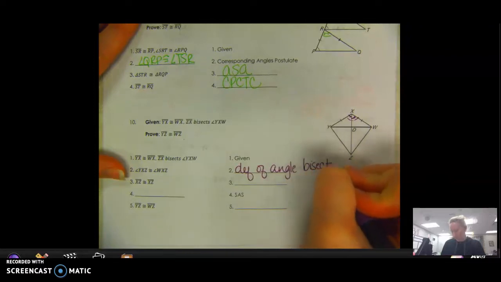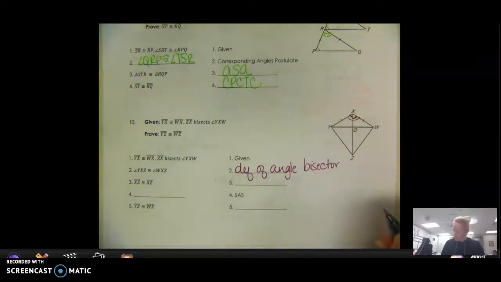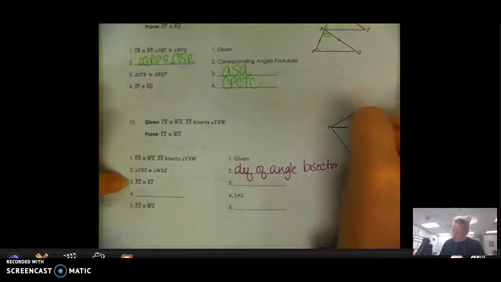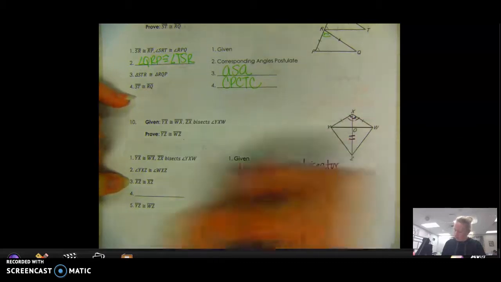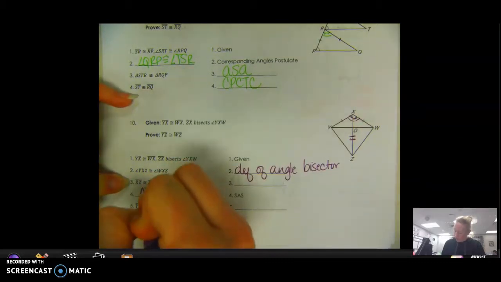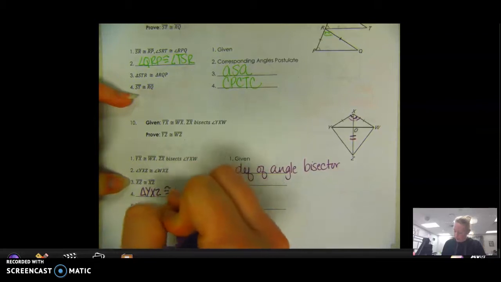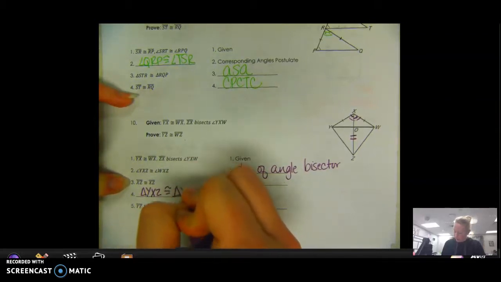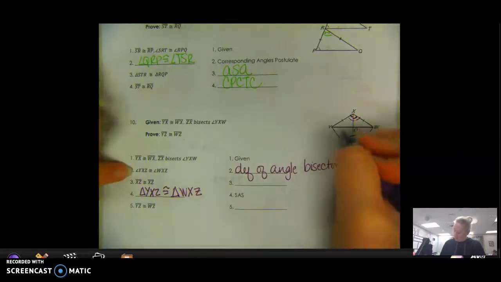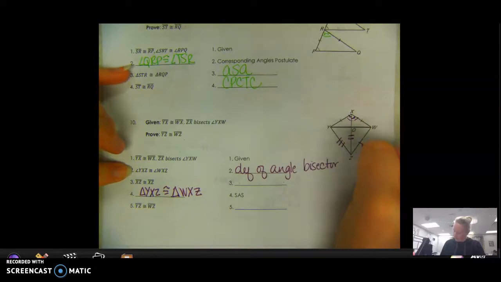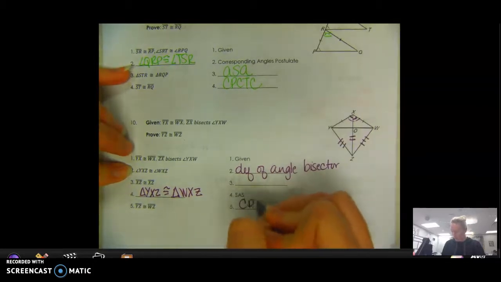So because that bisects that angle, it cuts it into two congruent angles. XZ is congruent to XZ. So this thing is congruent. So now I have a side, I have an angle, and I have another side. So by side angle side, I know that triangle YXZ is congruent to triangle WXZ. I have to put it down correctly in the correct order. Therefore, this piece would be congruent to this piece by CPCTC.